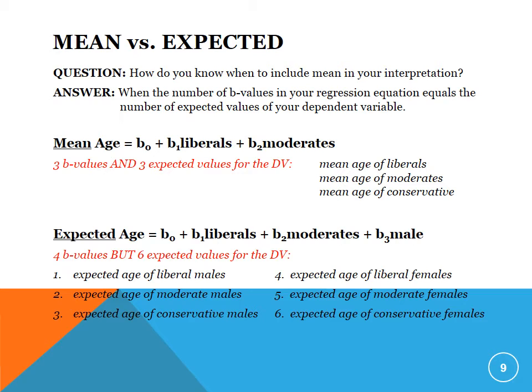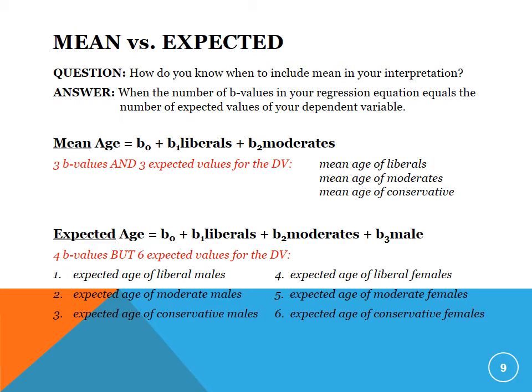But now we have an extra variable there that throws things off a little bit, and it doesn't allow us to have the same number of expected values as we have for b values. So, just like in the example right above it, we have age for liberals, for moderates, for conservatives, but now we have it for males and for females. Right? So we have to split it.